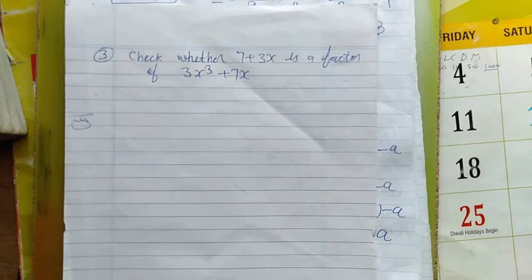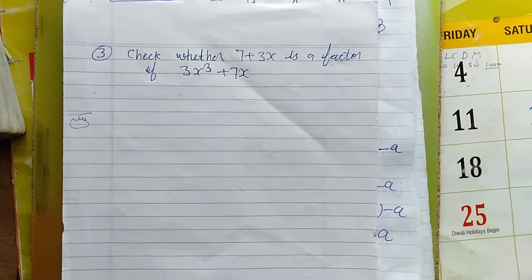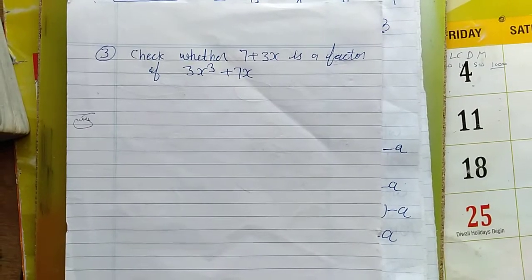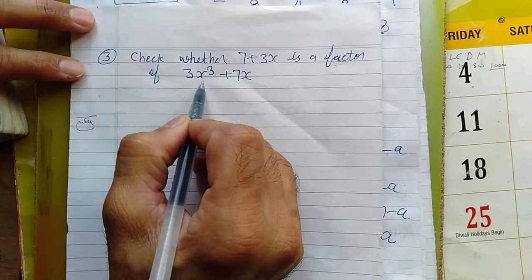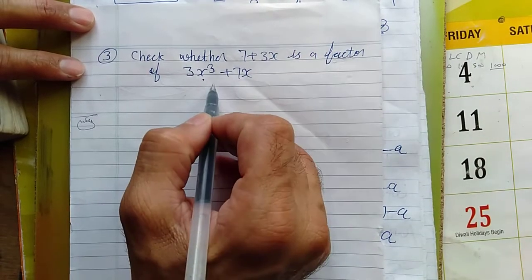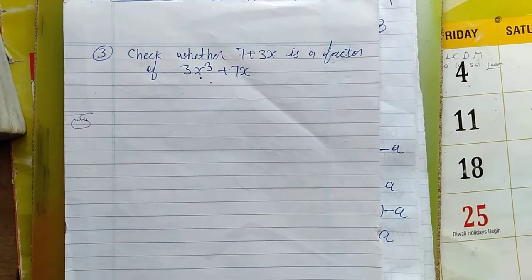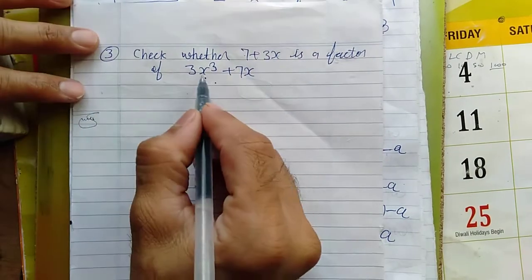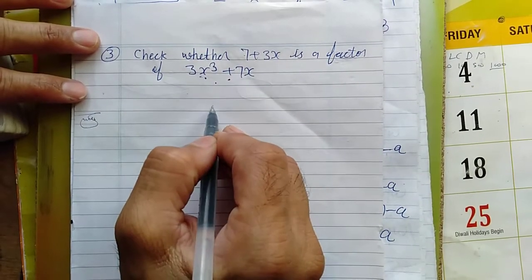This is the question. See, I told you just before, if this is a factor of this, it means the zero of this gx will satisfy, and when we put the value of x in this polynomial, the remainder will be 0.